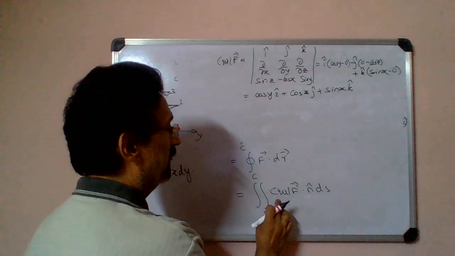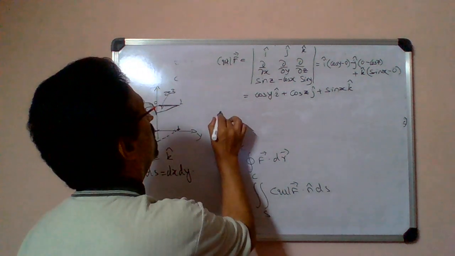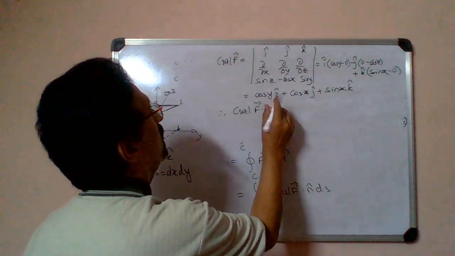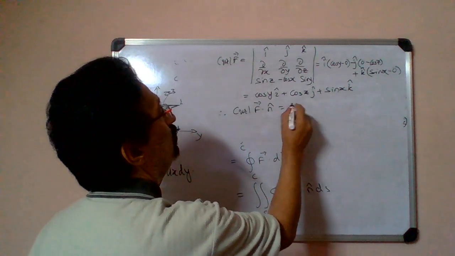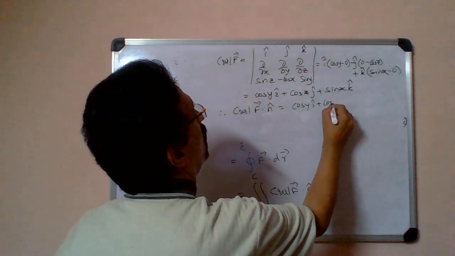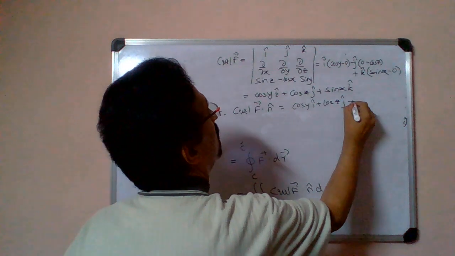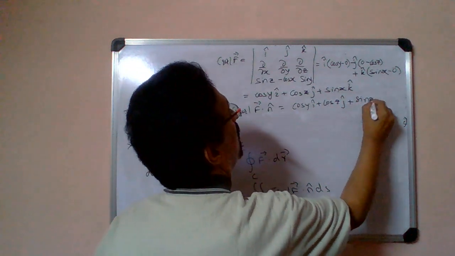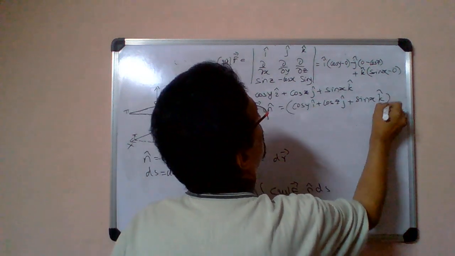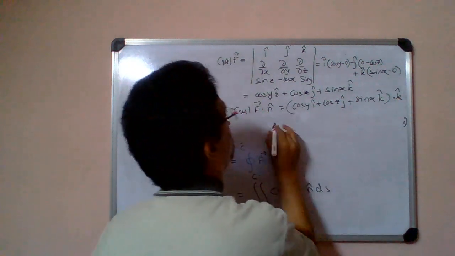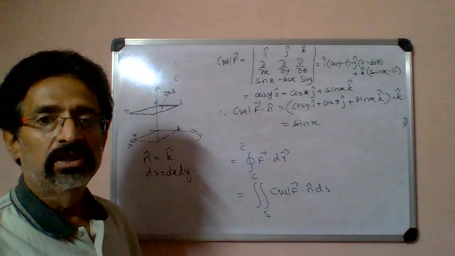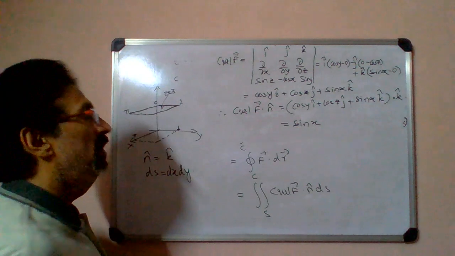I should find out curl f bar dot n cap. So that will be equal to cos y i cap plus cos z j cap plus sin x k cap dot k cap. So that is nothing but sin x. So I got curl f dot n cap.